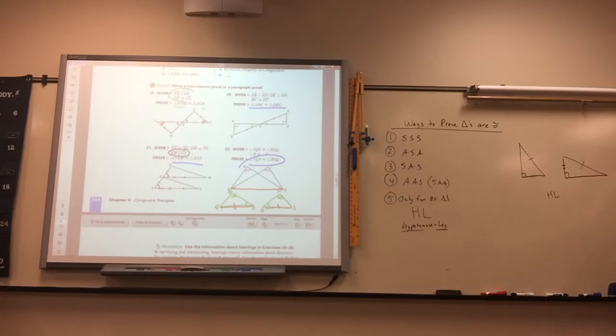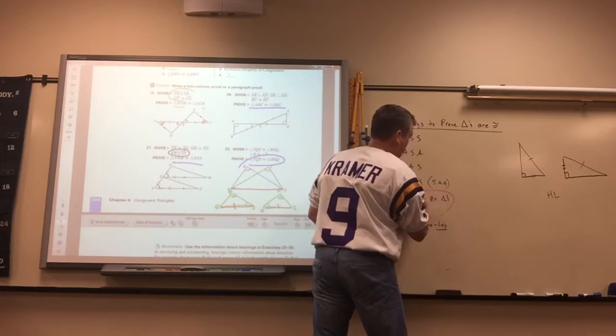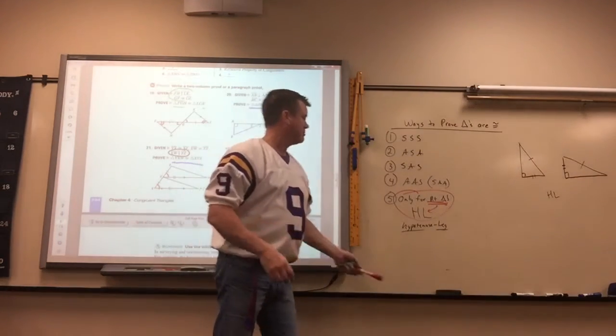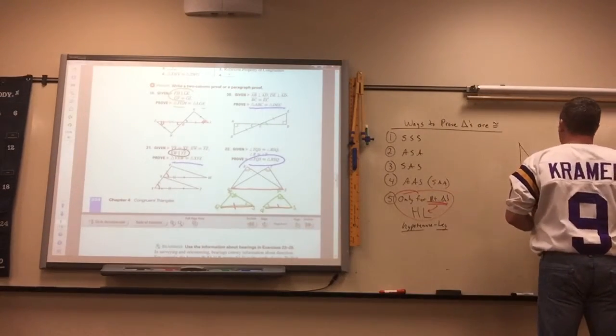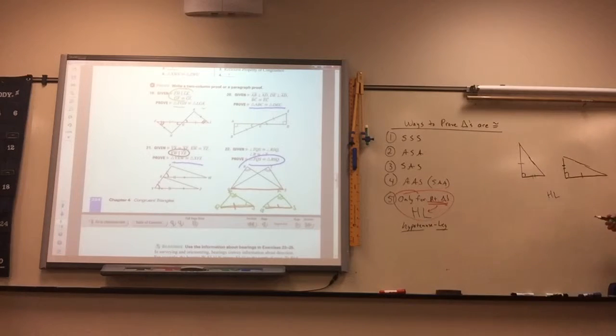Now, it's not always going to be hypotenuse leg. The only way you can use HL is if it's a right triangle. It has to be right in order to use HL. But if it were written like this, this one is not HL because you don't know the hypotenuses. What would you call this one?